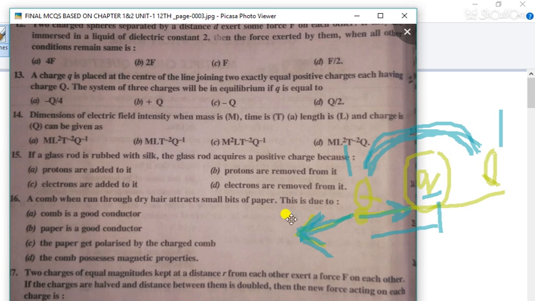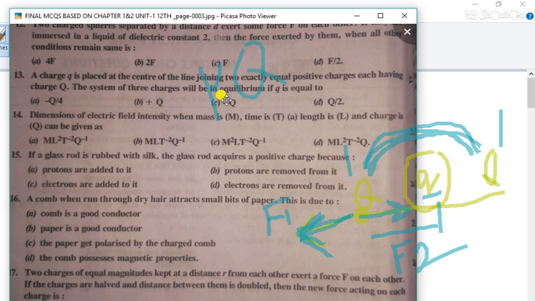So now if I take it as F1 and this force is F2. Students, this is a very important question and that's why I am discussing again in detail. So this is placed at center. So F1 is equal to capital Q, because K will cancel out.